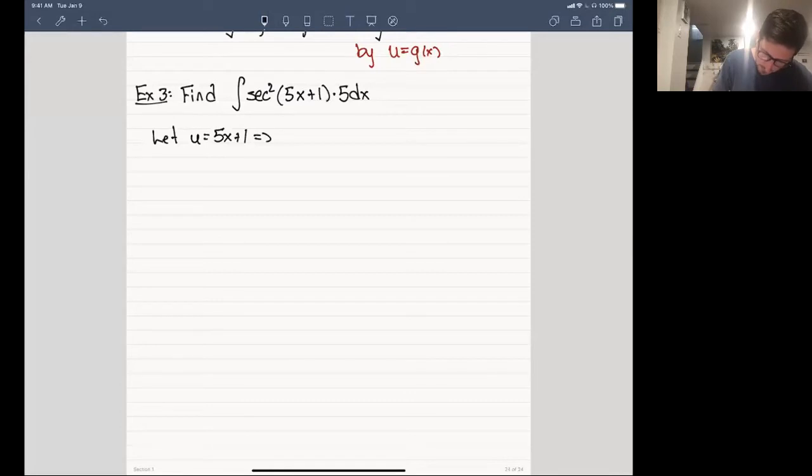And this tells me I'm going to skip a little bit of steps. Remember that du is equal to the derivative of u with respect to x times dx. So this is 5 dx. And so that integral that I was given, secant squared of 5x plus 1 times 5 dx.